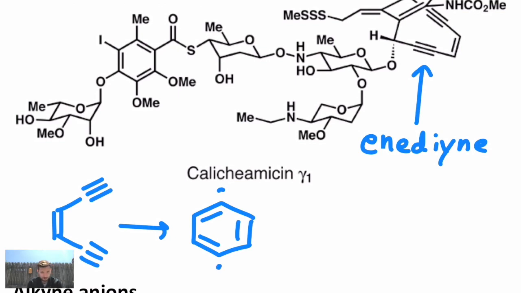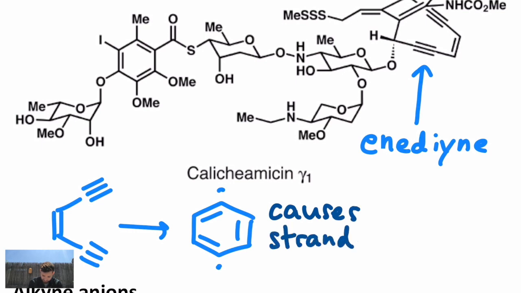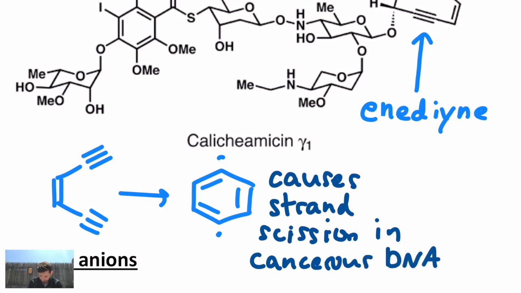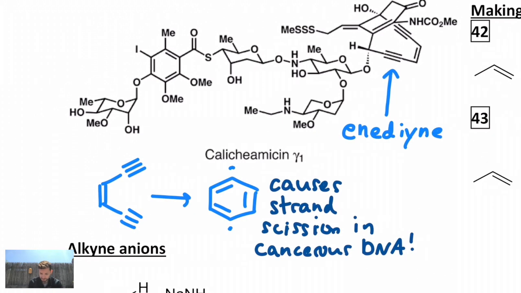You get to that with arrow pushing with a bunch of fishhook arrows, and it's believed that this causes strand scission in cancerous DNA. And that's a good thing. This is how this acts as an anti-cancer agent, or anti-tumor agent.